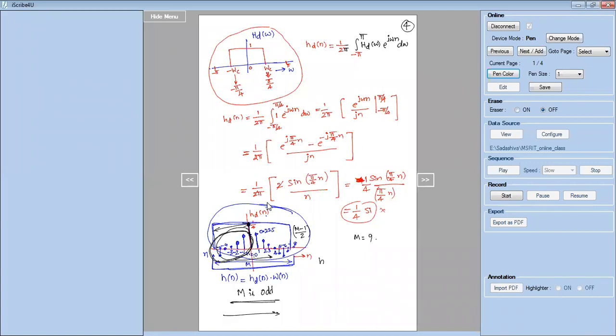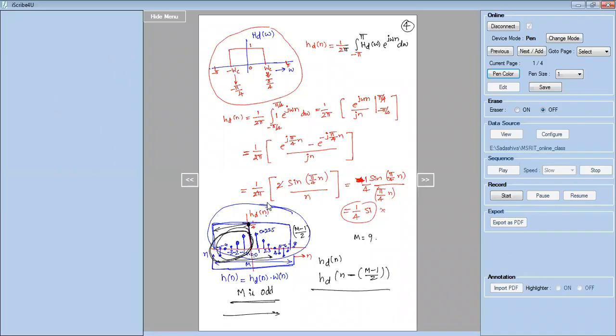Instead of having hd of n, can I consider hd of n minus (M minus 1) divided by 2? Making sense? Please tell me, you are able to understand? Yes, sir. Instead of considering hd of n, I can consider hd of n minus (M minus 1) divided by 2.